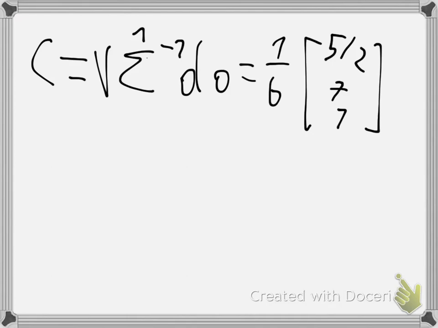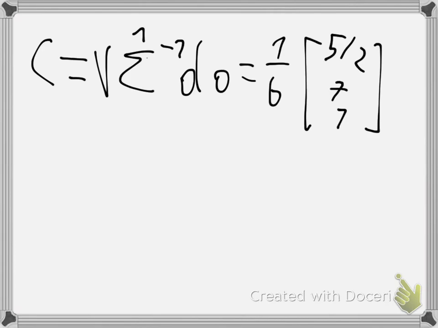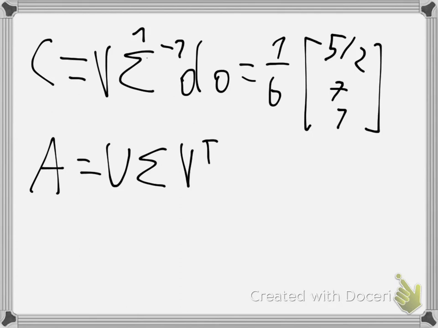So what you have to do is find the singular value decomposition of your matrix first. You can choose to find the eigenvalues of either A transpose A or A A transpose. Here it was better to do A A transpose.